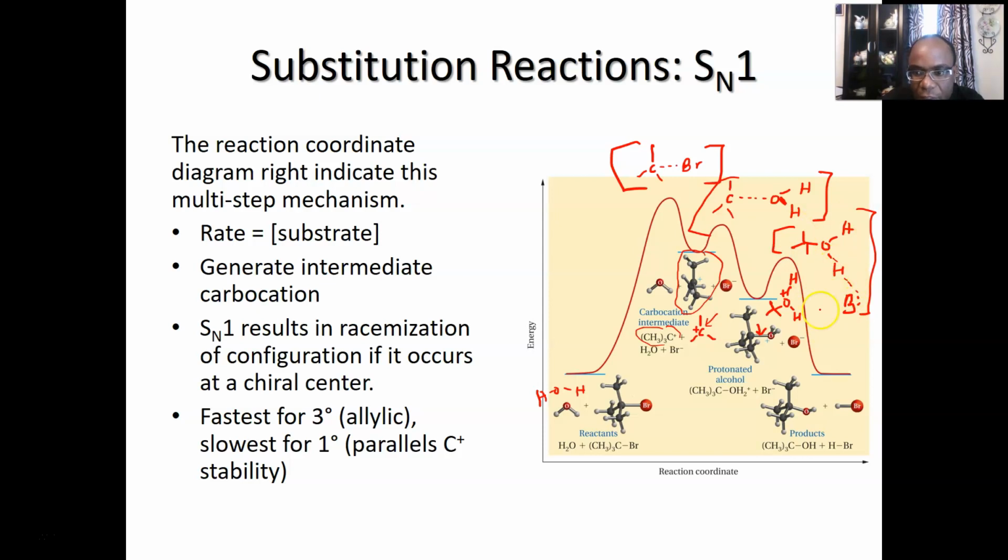Once the extra hydrogen is taken out, you're left with the OH, which is this product right here. So you see, the key point here is not you trying to identify the transition states. The key point is SN1 will go through multiple transition states. There's a transition state here, transition state here, and transition state here.